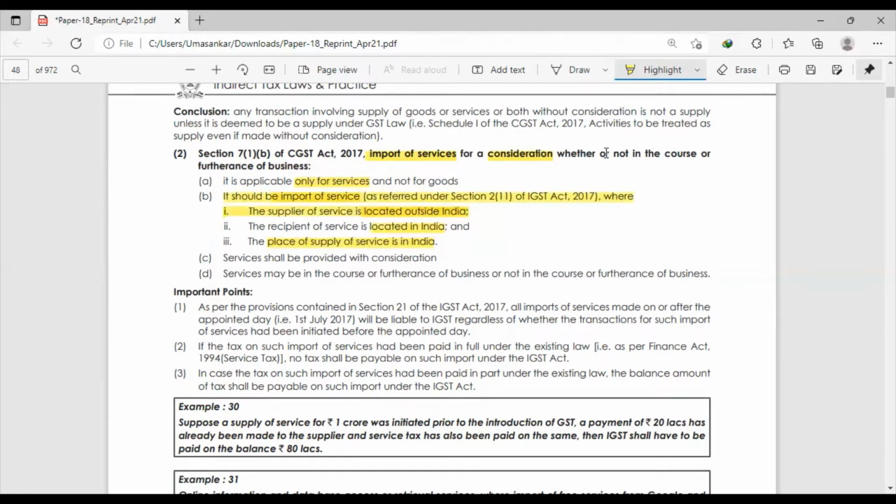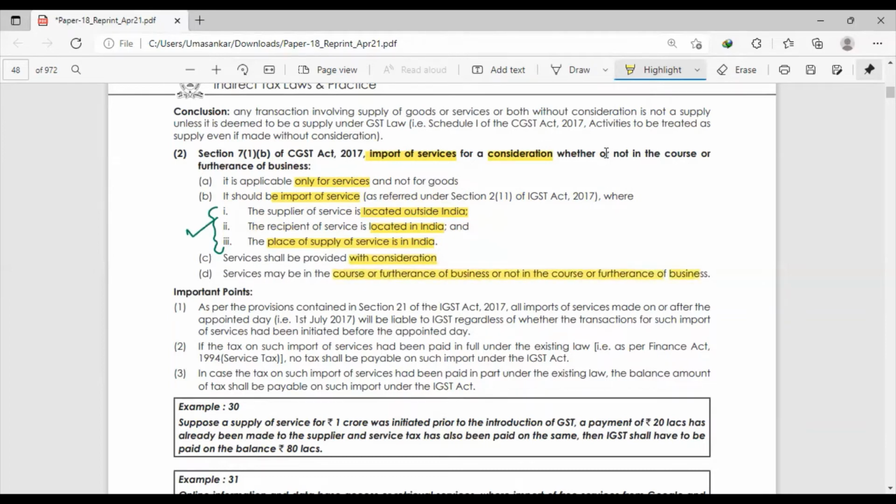If these three conditions are there, then it is an import of services, and it should be provided for consideration. Whether it is in the course or furtherance of business or not is not an important point.